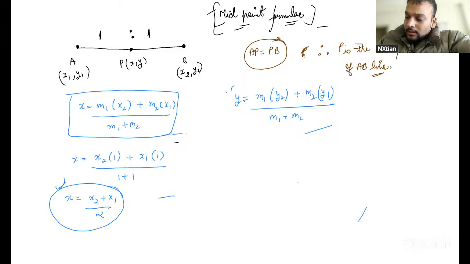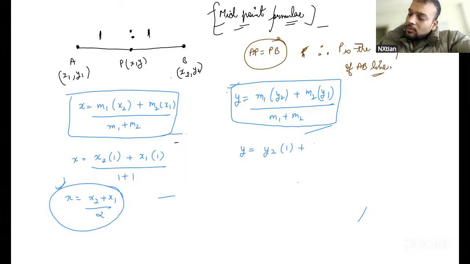Now m1 is 1, so y is equal to y2 into 1 plus y1 into 1 upon 1 plus 1. So y is equal to y2 plus y1 upon 2. This is the other formula, for y.